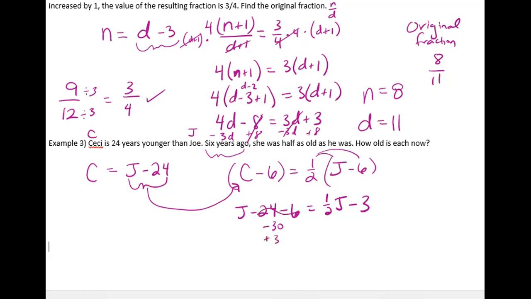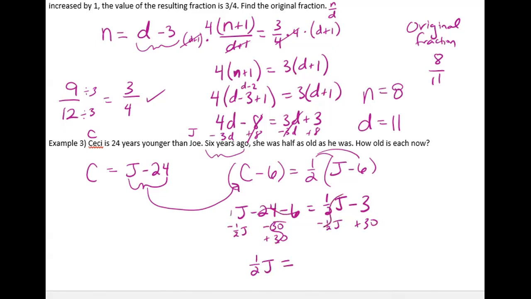So I'm going to add 30 to both sides. That makes it 0. And then I'm going to subtract this 1/2 j. If I have 1j minus half a j, I have half a j left. And then because this was minus 30, I added 30, so that's 0 on this side.